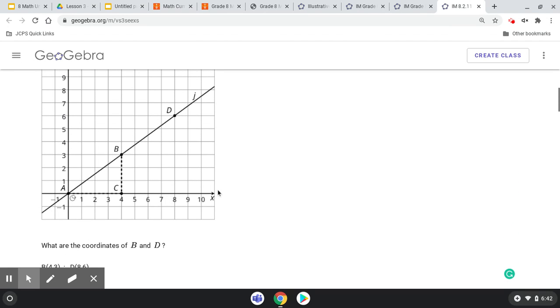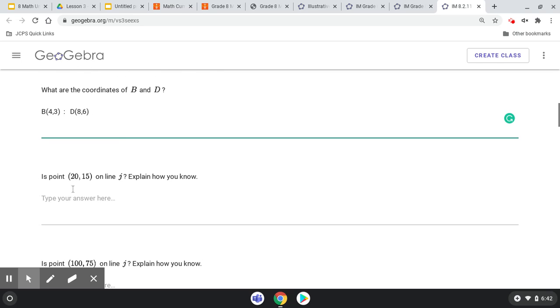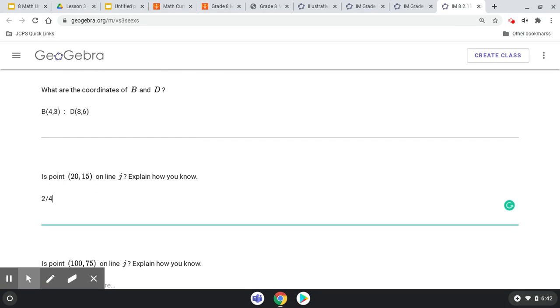Can't really see that on here, but we can look at our slope and determine based off of our X and our Y whether this would be on here. So what I'm going to look at here is my rise, which is up 1, up 2, up 3, over my run, which is 3 over 4. Okay, and I am going to type this in here just so you guys can kind of follow my train of thought. So 3 over 4 is our slope.